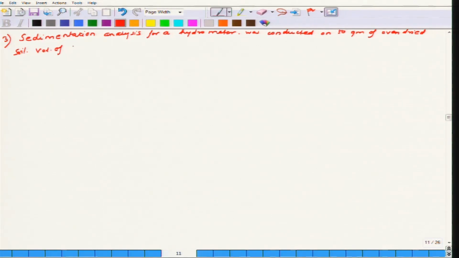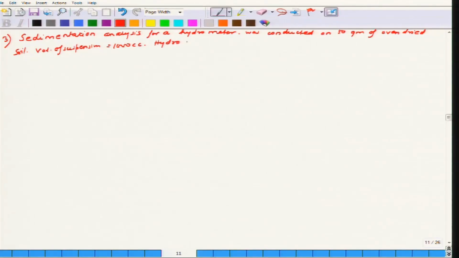Volume of suspension is equal to 1000 cc. Now, the volume of suspension is generally taken to be 1000 cc. It is taken in a 1000 ml graduated cylinder for hydrometers, and then the hydrometer is dipped there. Now, the hydrometer reading is 19.50 after 60 minutes.